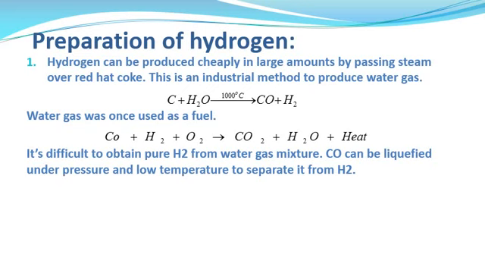Hydrogen can be obtained by the reaction of hot carbon with steam, or water vapor, at high temperature to obtain carbon monoxide and hydrogen, and this is known as water gas, and in former times it was used as a fuel.